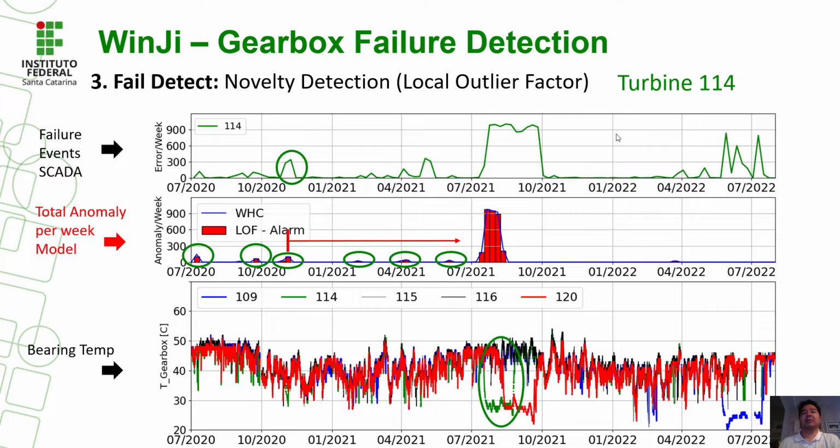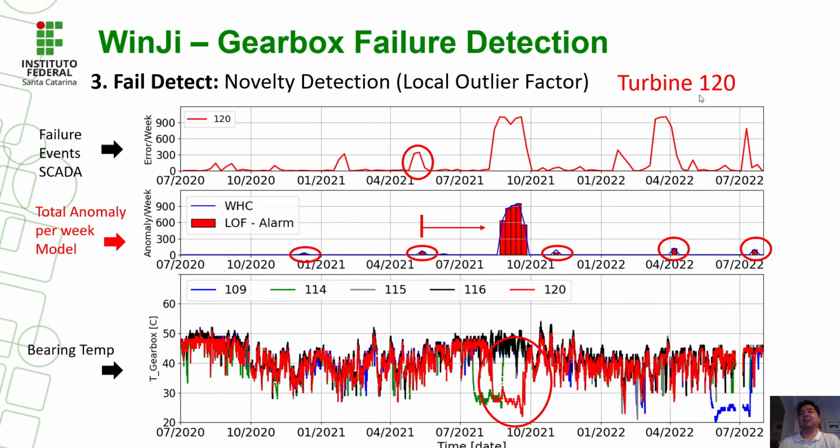The same example you can see in turbine 120. Some problems before, and if you see the SCADA data, you can see some problems, and then the failure happens here.